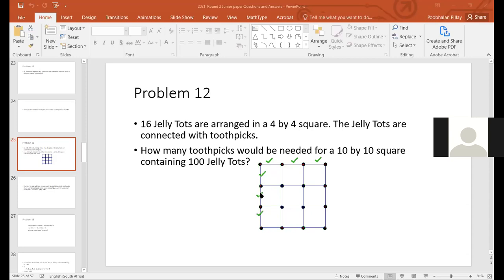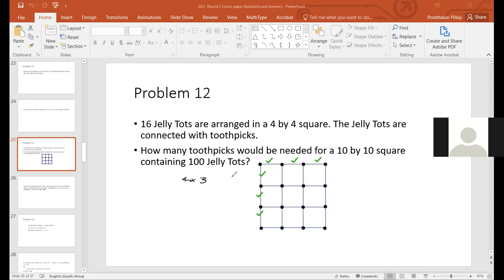Again, there are 3 vertical toothpicks, and another 3 here, another 3 here, another 3 here. So there are 4 3s multiplied by 2. That is the important thing here. If you multiply the horizontal, you got 4 times 3. So there are 4 rows.